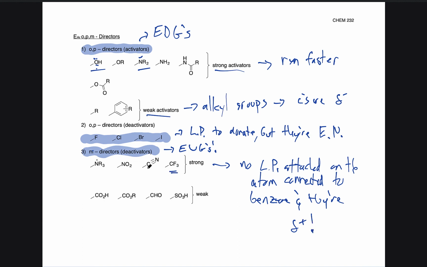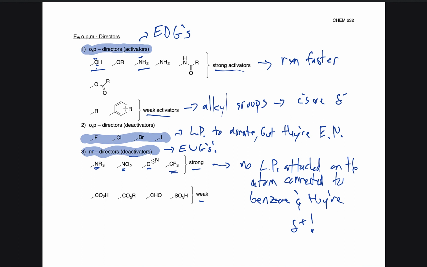All of these groups here, carbonyl groups, nitro groups when they're the already existing substituent, groups with positive charges. These are all things that are pulling away electron density, making that intermediate not very stable, okay? So we have some examples here of strong and weak meta-directors. All right, and they're also deactivators because the reaction goes kind of slow, right? They're not really the most stable intermediates in the world.